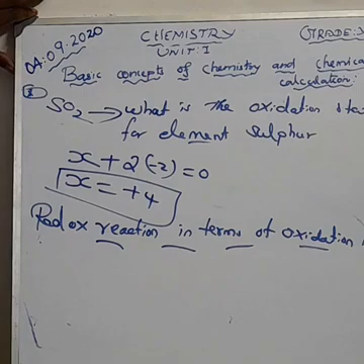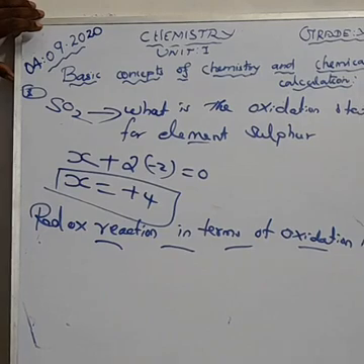During the redox reaction, the oxidation number of an element changes. A reaction in which the oxidation number of an element increases is called oxidation.